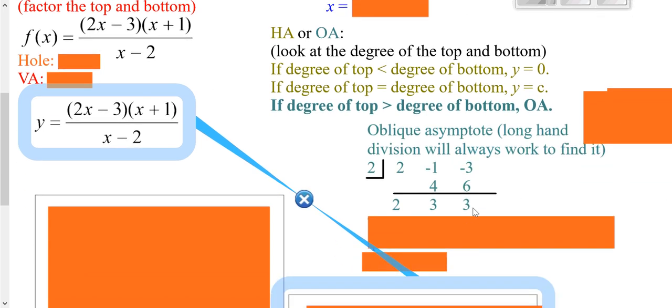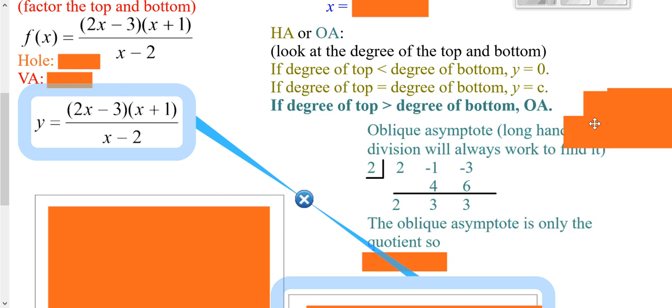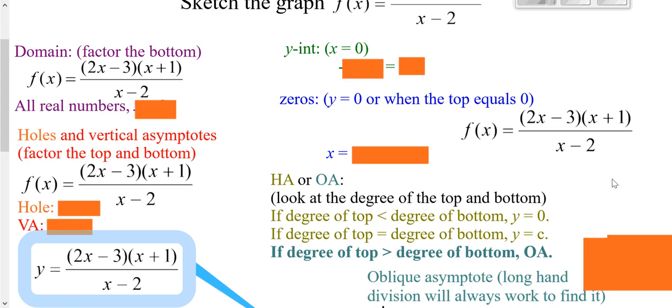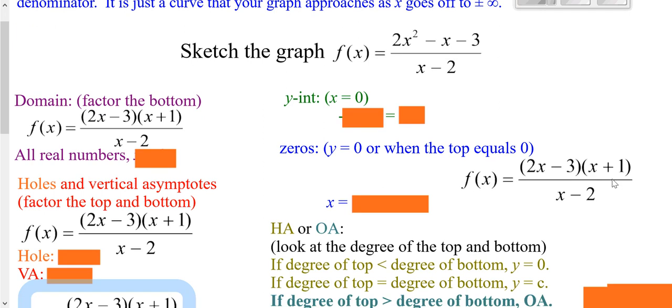Remember, the last number is your remainder. We're only concerned about the quotient. Y equals the quotient is your oblique asymptote. So we get y is equal to 2x plus 3. So now we still have to do all that other stuff.